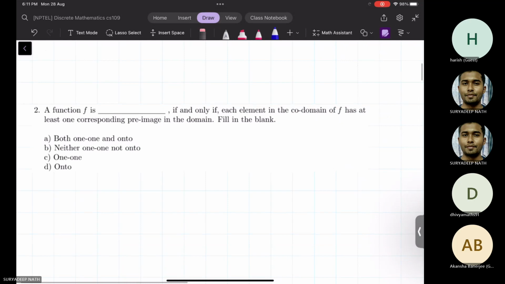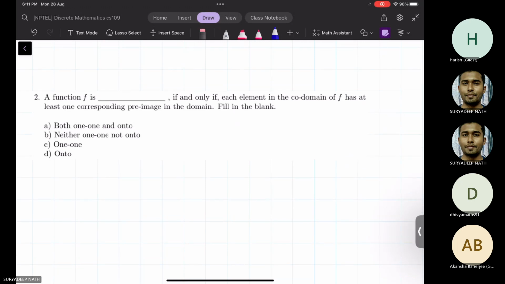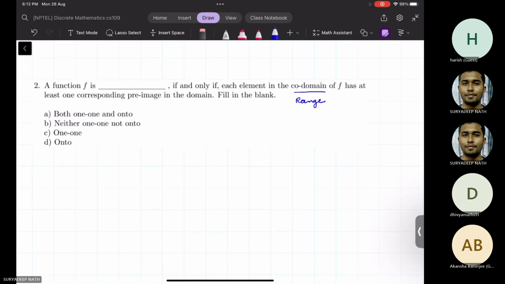All right. Okay. So coming to question number 2, a function f is dash if and only if each element in the codomain or range, this is sometimes known as codomain or range of f, has at least one corresponding pre-image in the domain. So what this figure looks like is that you have a domain and you have a codomain.